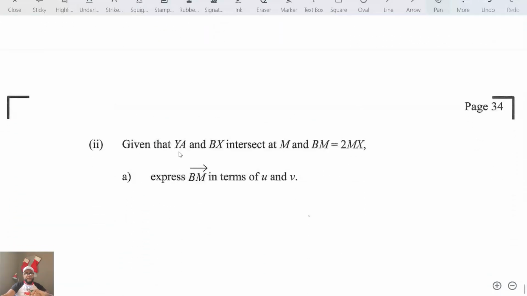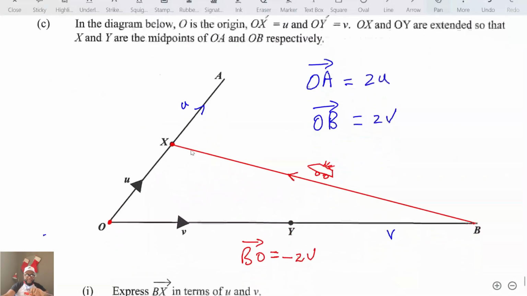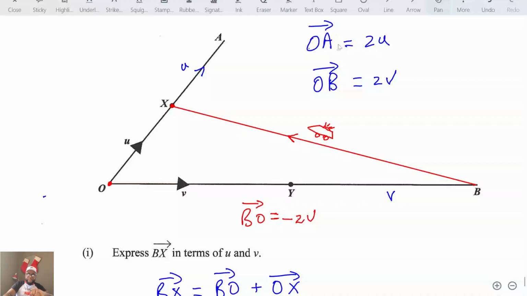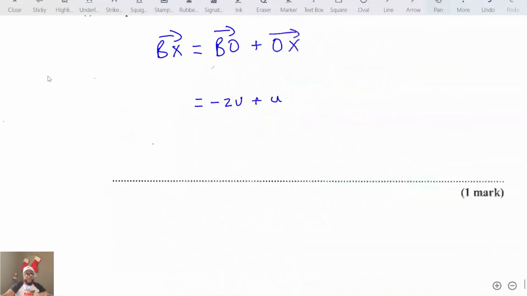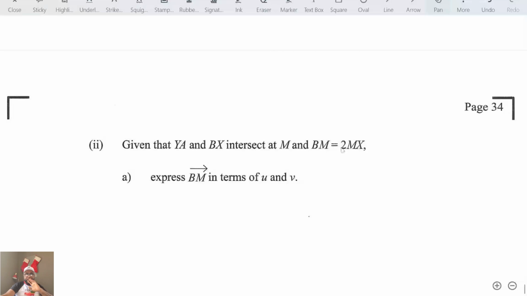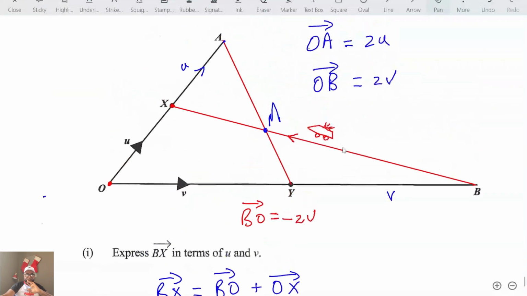Next one. Given that YA and BX intersect at M and BM is equal to 2MX. So let me draw a line from Y to A. They said YA and BX intersect at M. You all know what intersect means, it means that they cross at M. And they said BM is 2MX.